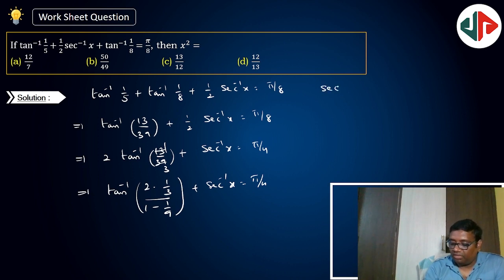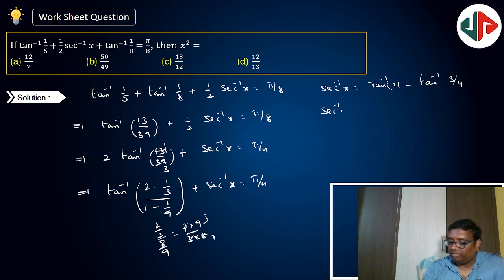So secant inverse of x is equal to what? I can write pi by 4 as tan inverse of 1, minus tan inverse of 2 by 3 over 8 by 9. So this value is 2 into 9 by 3 into 8, so 3 by 4.